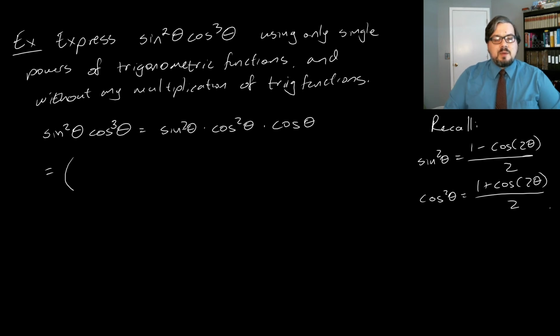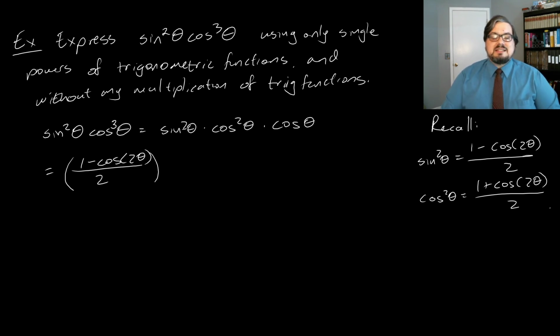Now sine squared theta we can reduce the power on, and we can take the sine squared theta expression and turn it into an expression, 1 minus cosine 2 theta over 2, that has just a single trig function that isn't raised to a power. Now the angle inside that trig function is different. Instead of sine of theta, we have cosine of 2 theta, but sometimes that's what we want.